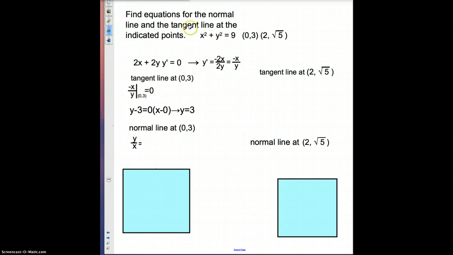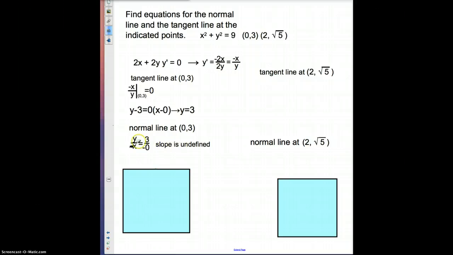And then, put in, my negative came back. Sorry about that. Scribble out the negative. It didn't matter in this one because of the 0. But anyway, that's my slope of the normal line, 3 over 0. What does that mean? It means the slope is undefined.